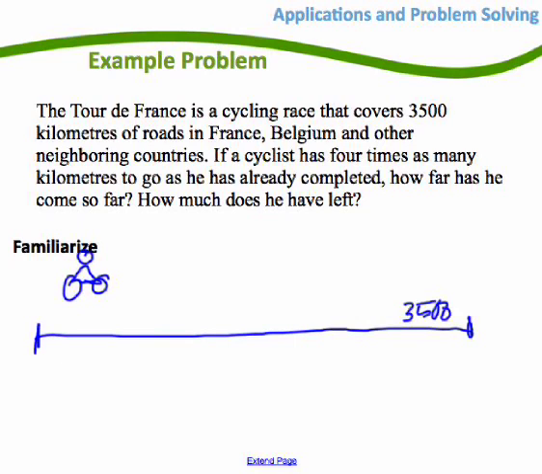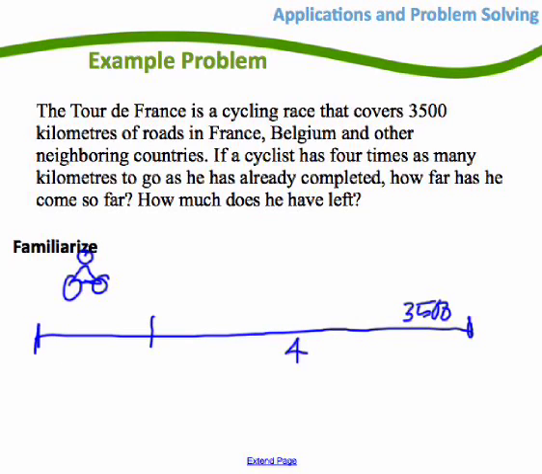And it says he has 4 times as many kilometers to go as he's already completed, so he must be right near the start somewhere. I'll throw a line maybe there.